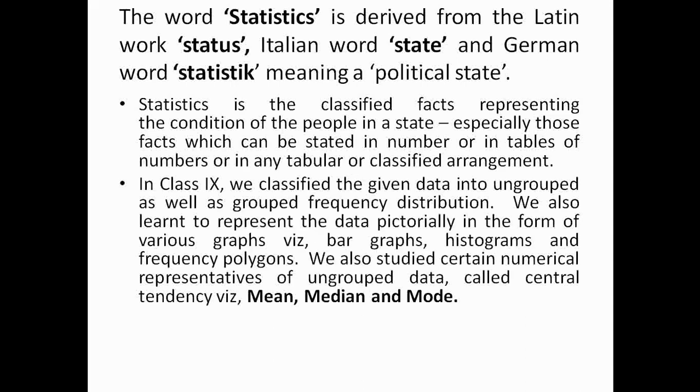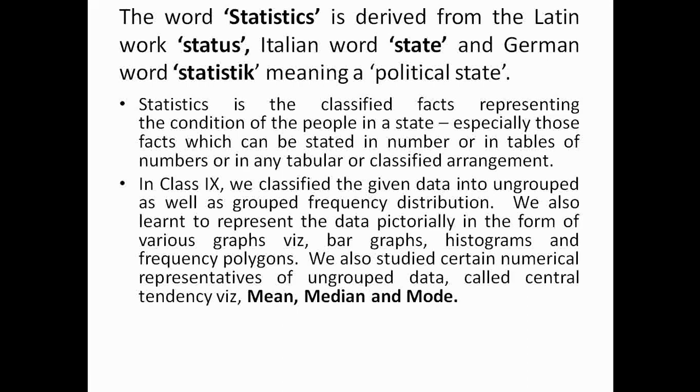Already in class 9, you have classified the data into ungrouped as well as grouped frequency distribution. You know the data, these are arranged. First we collect the data, the observation, it is in ungrouped data.